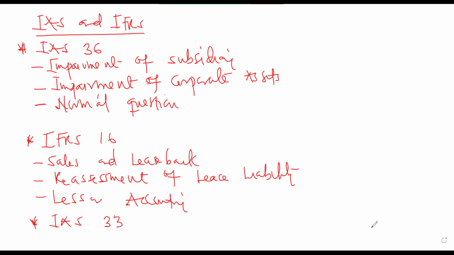earnings per share. They can ask you to calculate earnings per share for just a normal company, but they can also ask you to calculate the earnings per share for a parent company. So for the normal company it is the profit attributable to the ordinary shareholders. If you come to the parent company, it is the profit attributable to the parent company and the ordinary shares of the parent company.